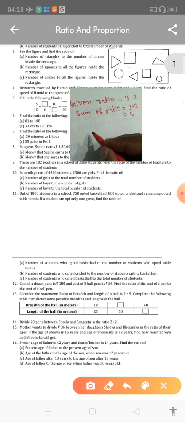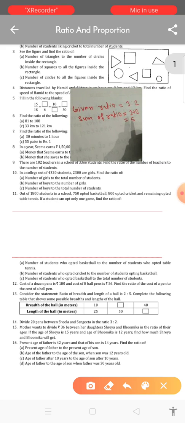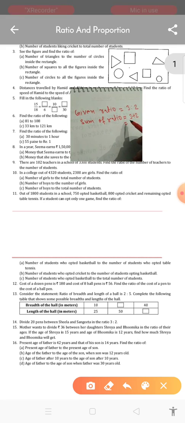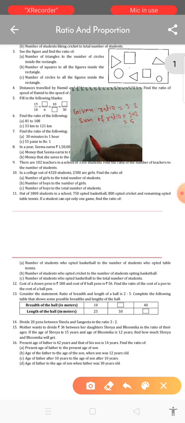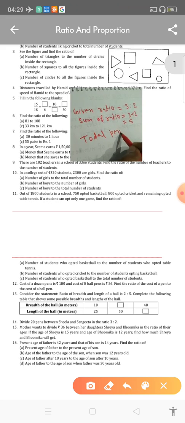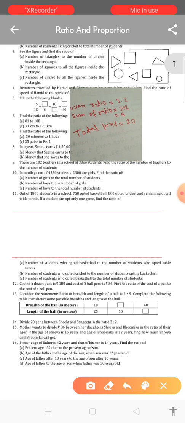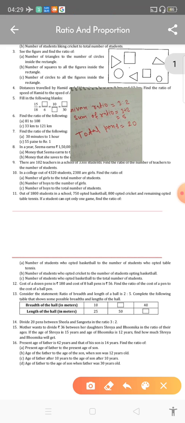So we divide 20 pens between Sheila and Sangeeta in the ratio 3:2. First we find the sum of the ratio, 3 plus 2 is equal to 5, and the total is given as 20 pens.